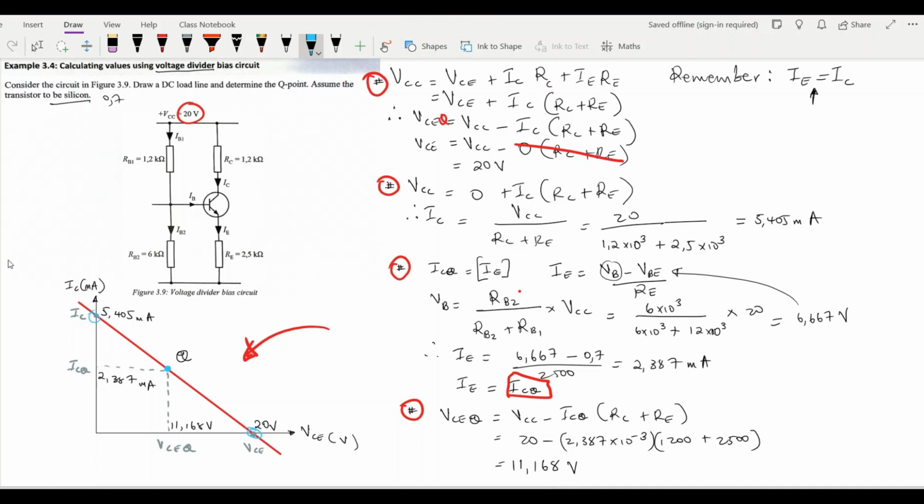We first calculated our ICQ and then substituted the value of ICQ into that equation. And then we find VCEQ. This is knowledge that you already possess from N4, though we had calculated differently because we did not have beta.